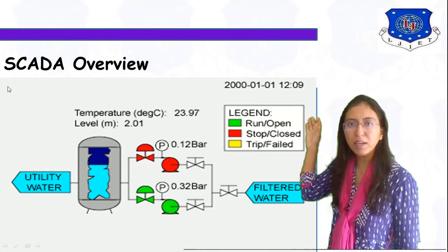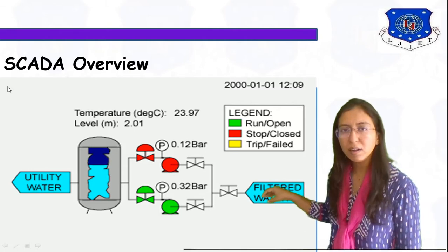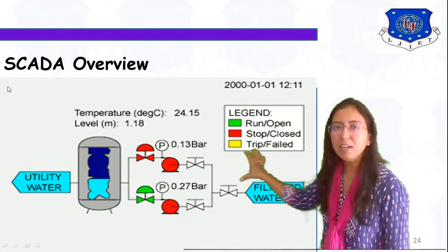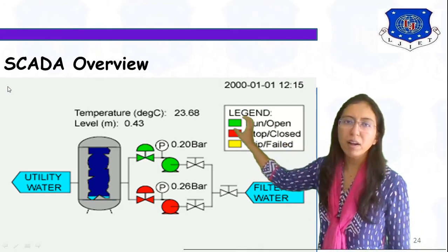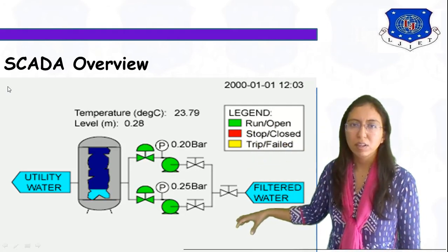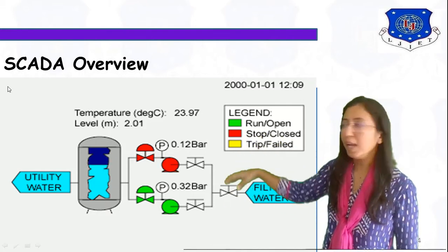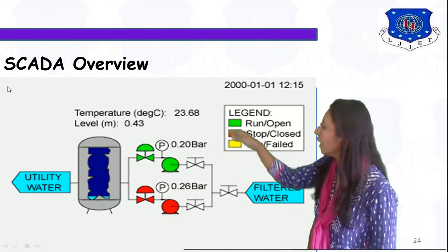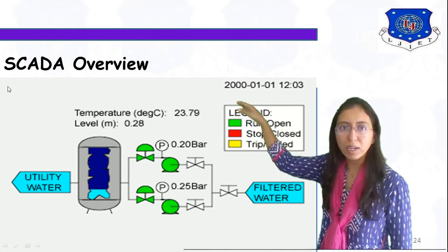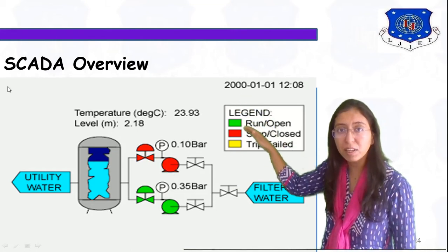Here filtered water passes through a valve and is thereafter divided in two parts, first valve and second valve. Then after that, one tank is shown, and the level is increasing. At that time, when the level is increasing, the temperature is decreased.